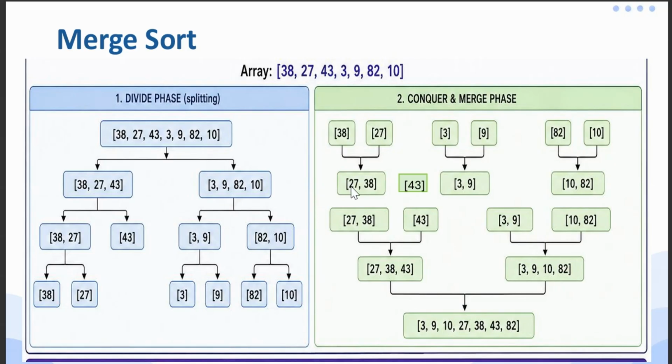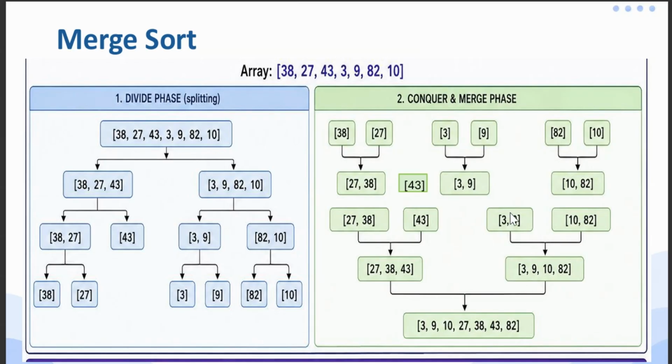So 27, 38 and 43: which is the smallest element? 27. Then 38, and then finally 43. Similarly here you have 3, 9, 10 and 82. We combine from the smallest to the largest.